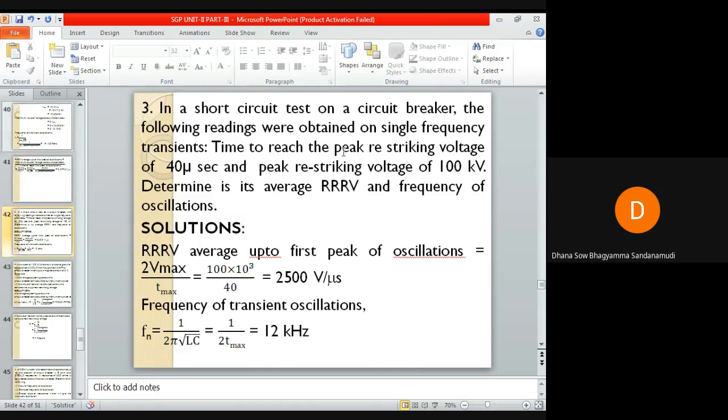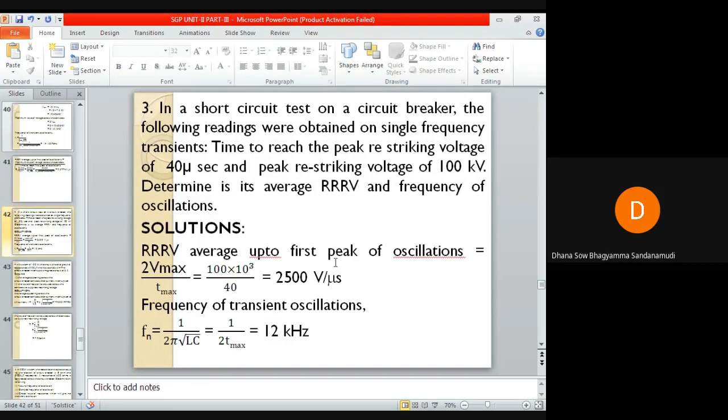So 100 into 10 power 3 divided by the time to reach the peak restriking voltage, which is 40 microseconds. It is given, so directly you can substitute in the formula. 2V max is 100 into 10 power 3 and T max is 40. So you will get 2500 volts per microsecond.